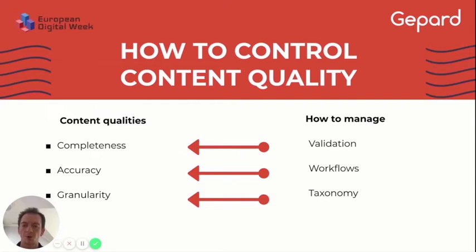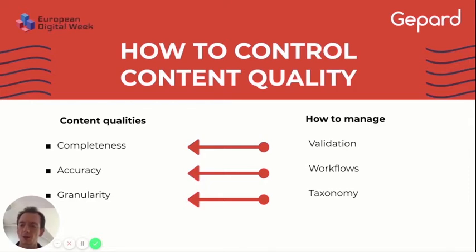The workflows will help you to bring the data accuracy to a better level. For example, one could think of making a step of quality assurance after data entry before data are actually going out. So that's a way of managing the data quality of accuracy using the workflows.